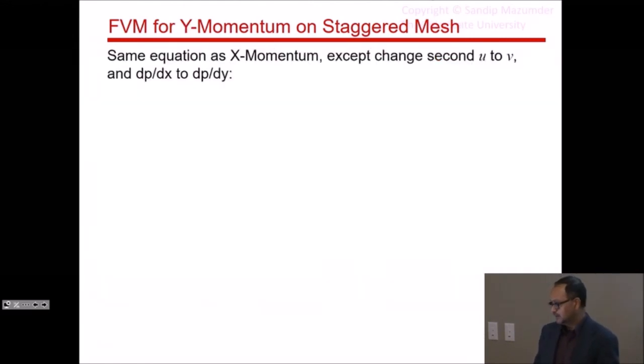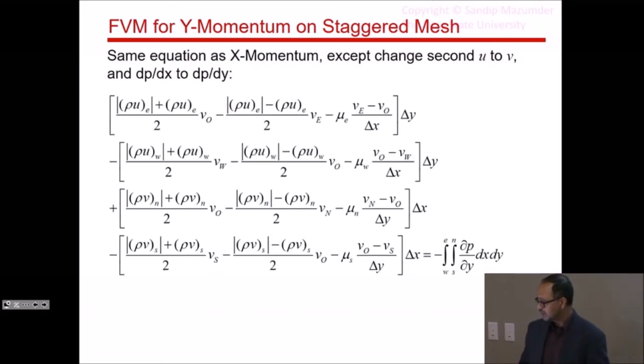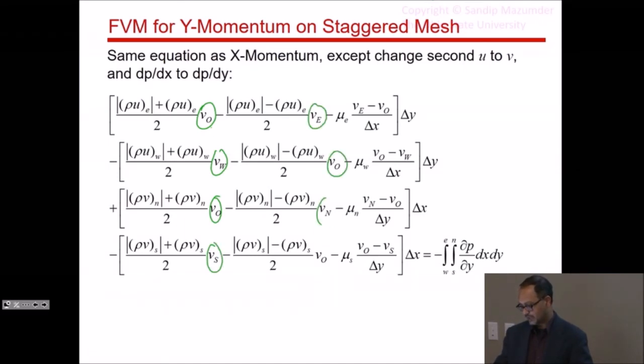So let's talk about the y momentum equation. Exact same thing. You change your second u to v. And this is where, we keep talking about this, that one is an advected scalar, the other is the advecting scalar. So all I've done is I've changed these from u to v. That's all. There's no other change.